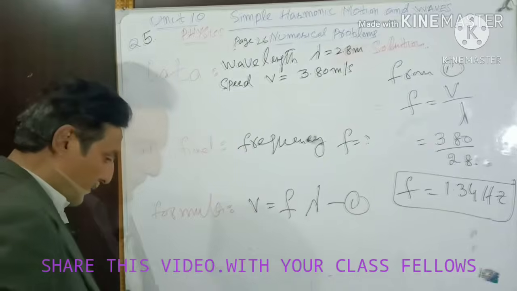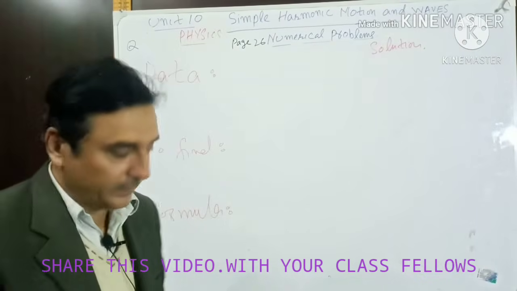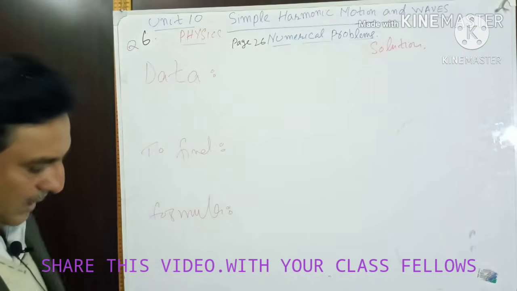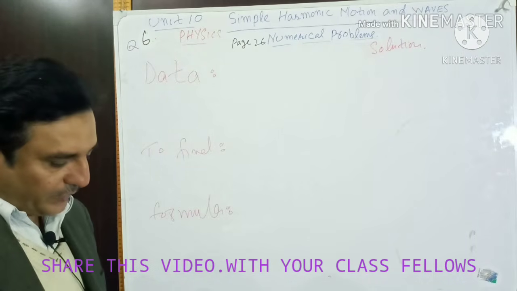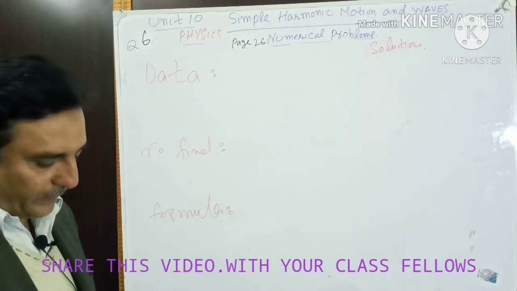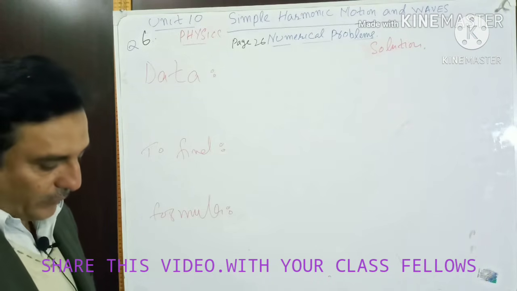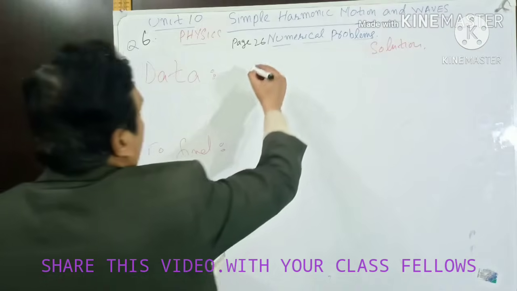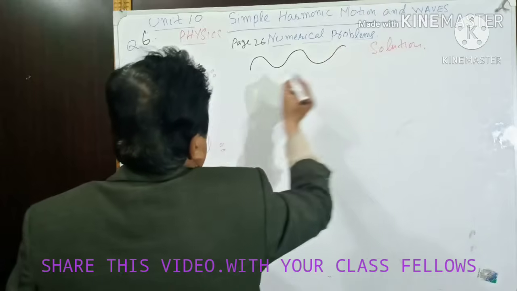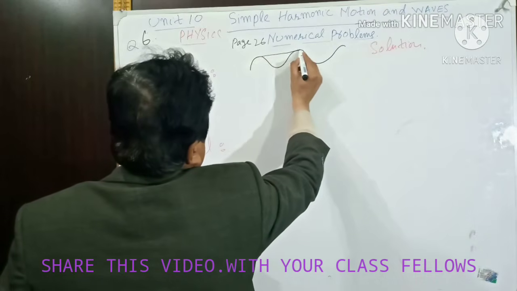This is frequency. Question 6. The distance between two consecutive crests in a series of water waves is 4.0 meter. What do we call wavelength? The distance between two consecutive crests.